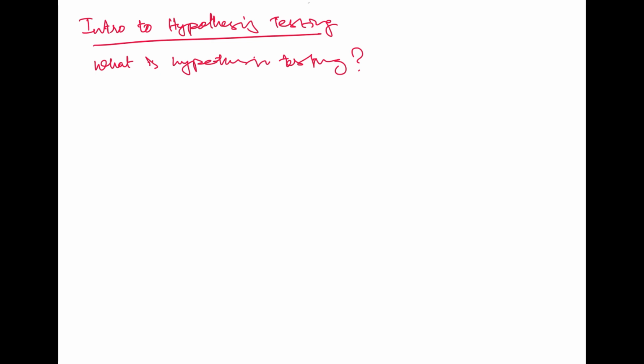As I said, we want to make some assumptions about the population, and we want to test whether those assumptions are actually valid for the population or not. So now we have a population.